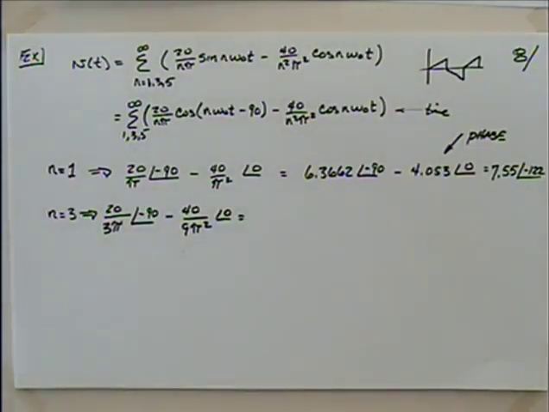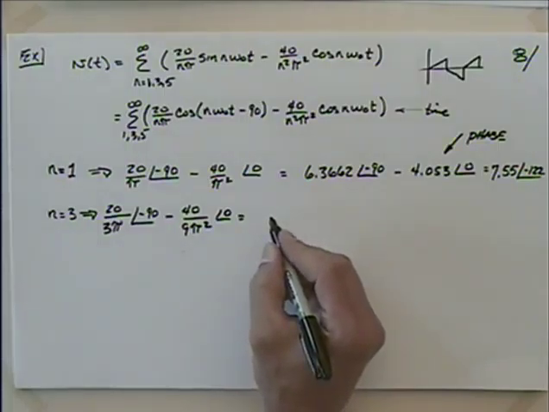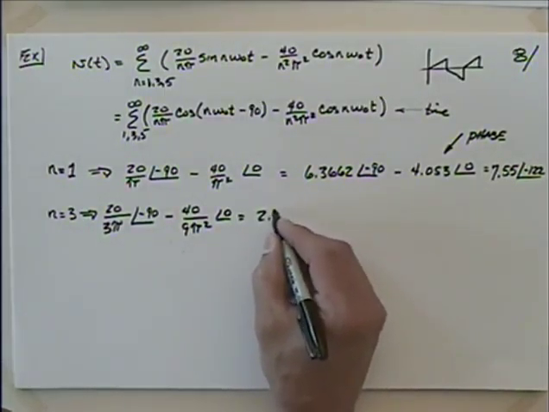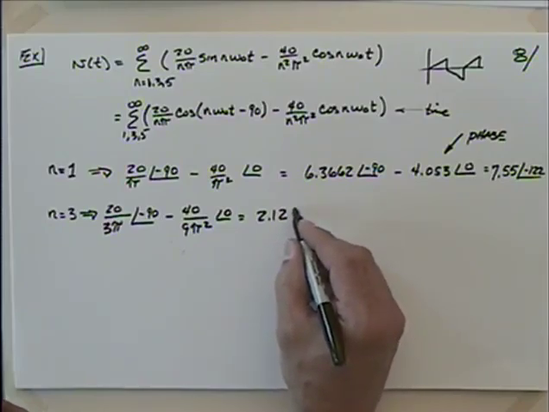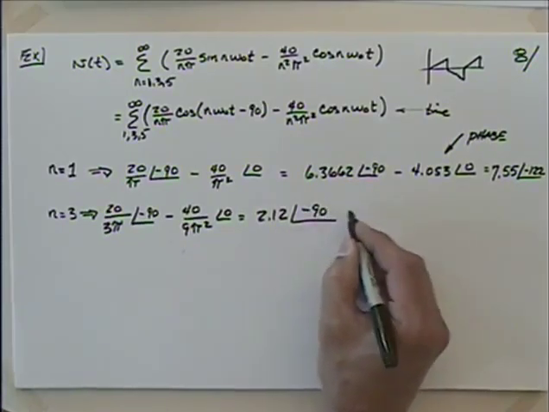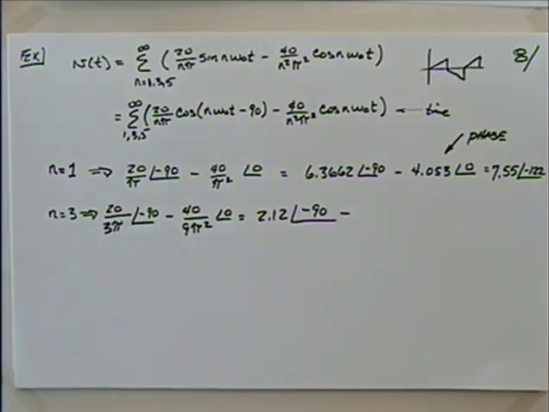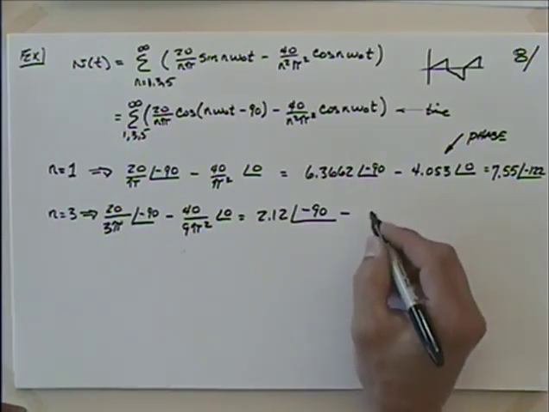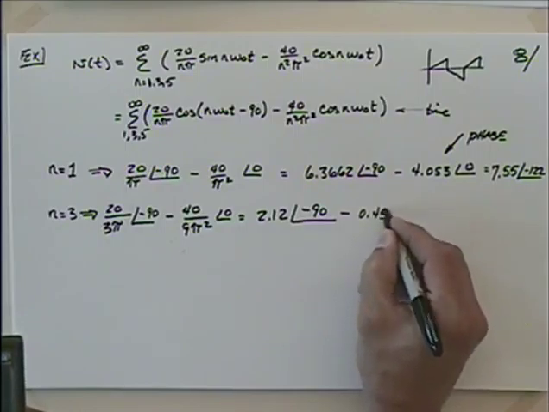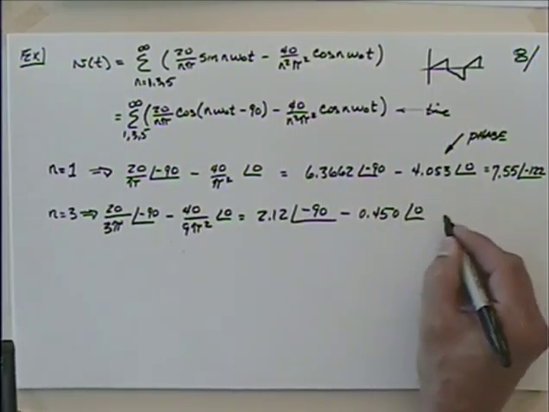So I have 2.12 at an angle of minus 90 minus 0.450 at an angle of 0.